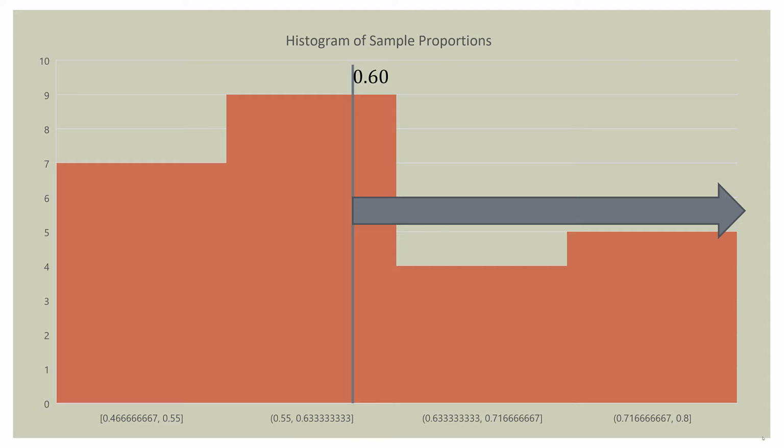Then we have about 9, but a few less, because the marker falls right here, a little bit off to the right. So not quite 9, maybe about 7. Now remember, we have 25 graduate students, so we would expect around 12 or so to be to the left of this gray line, and about 12 or so to be to the right, give or take 1 or 2. And that's exactly what we have here.